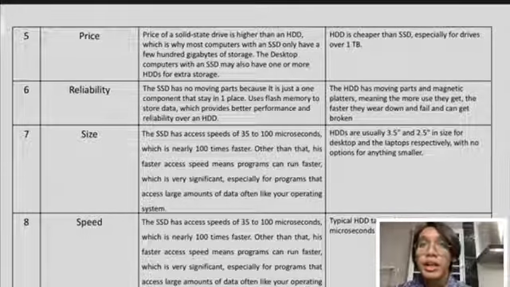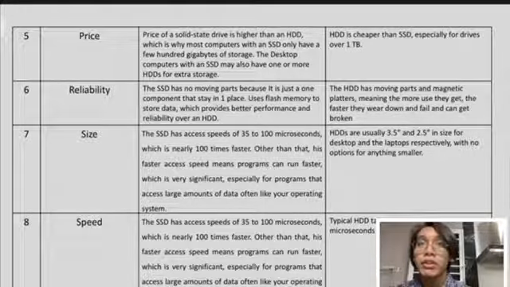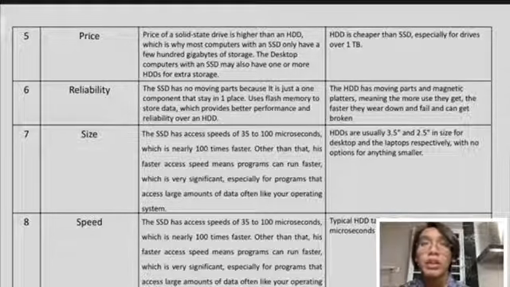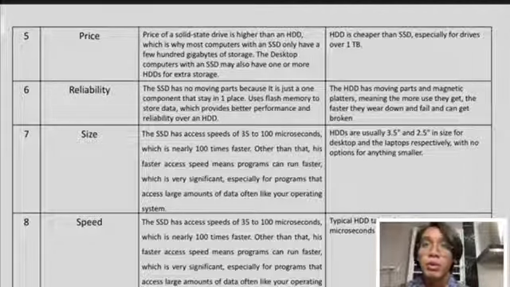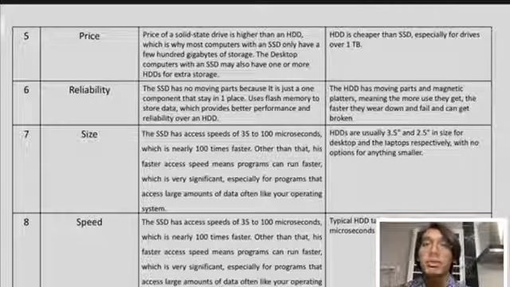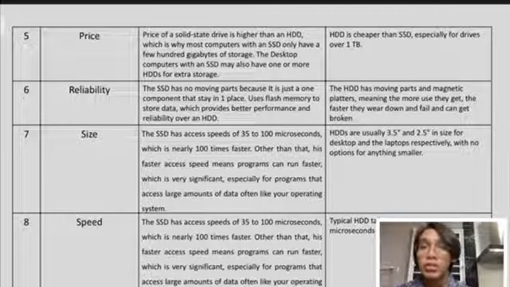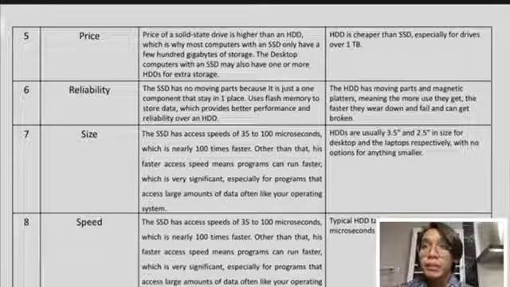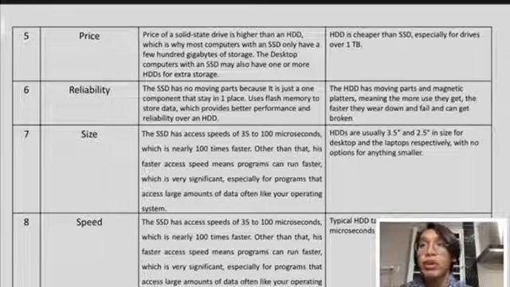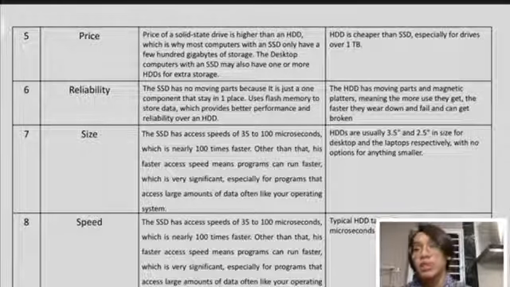So the eighth criteria is speed. The SSD has an access speed of 35 to 100 microseconds, which is nearly 100 times faster, so programs that access large amounts of data, like the operating system, can run faster. The HDD typically takes about 5,000 to 10,000 microseconds to access data.